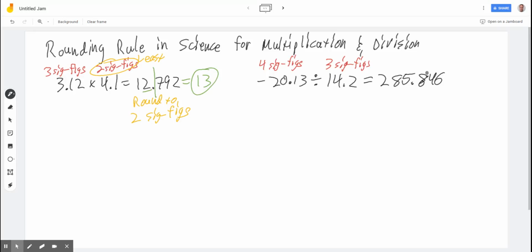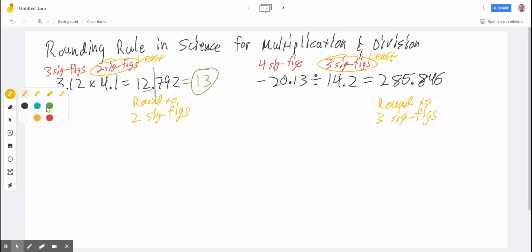Now, we need to round this to the least sig figs of any number involved in the division. So this is the least amount of sig figs involved. Therefore, we round to 3 sig figs this time.